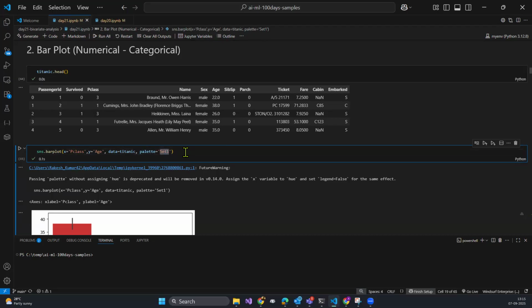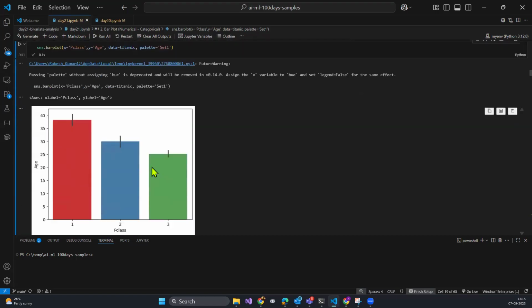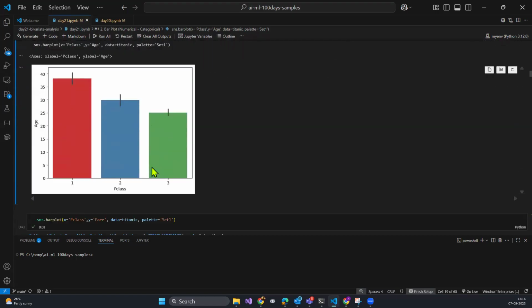So petal shows the color, how many colors we can say here, red, green, blue, mostly 12 colors we can get. So if we have petal sets 1, 2, 3, something like that. So here we are able to see class and age.